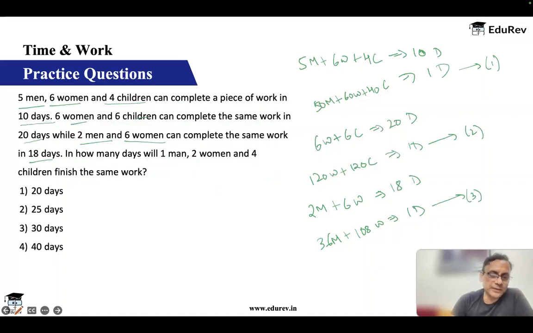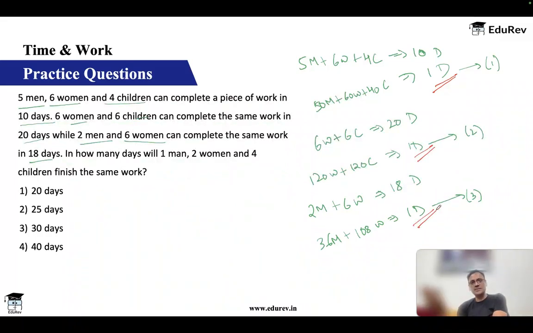Now, one very important part. All these teams, are they the same? All these teams are finishing the same work in one day. One day, one day, one day. So the team is the same, because in man days your day is one, so obviously your manpower is the same.